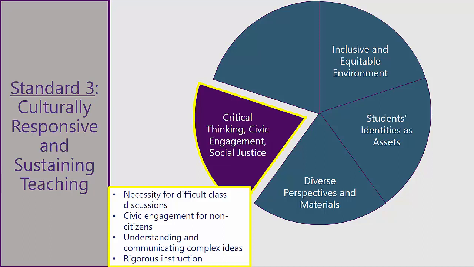CRST includes having sometimes difficult class discussions about social justice and how one can be civically engaged even if one is not a citizen. Understanding and communicating complex ideas often requires complex language in the form of complex texts and syntax, nuanced vocabulary, and appropriate discourse. So CRST in the ESOL classroom necessitates rigorous instruction that enhances language development.